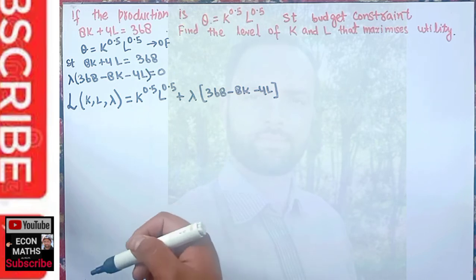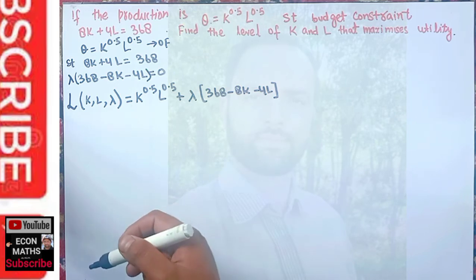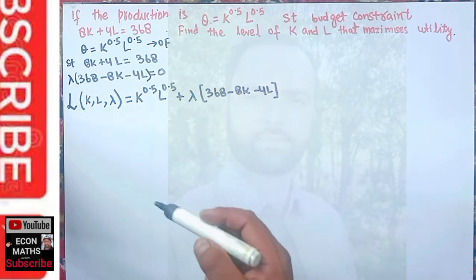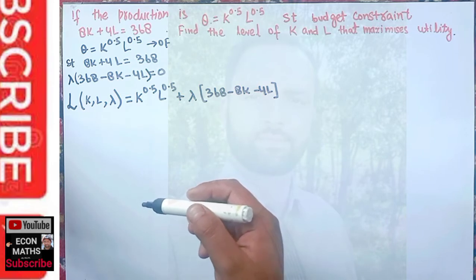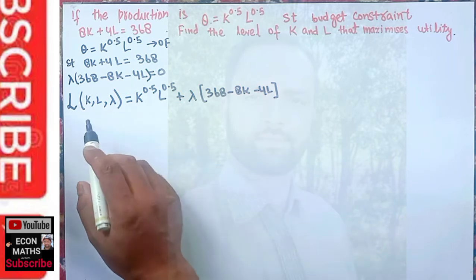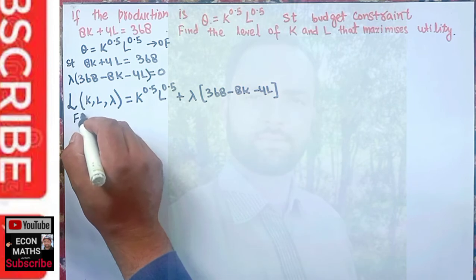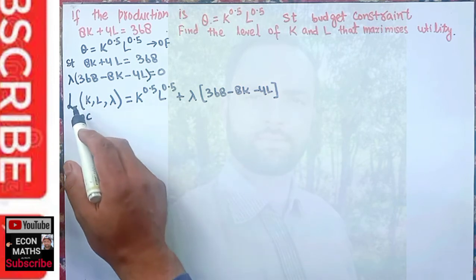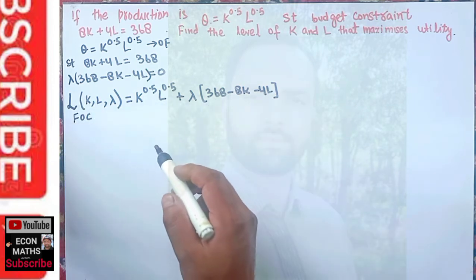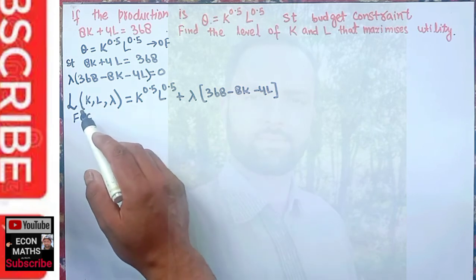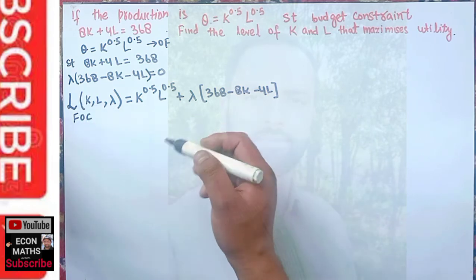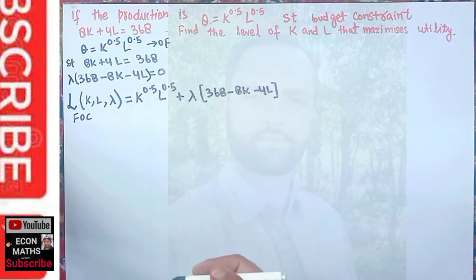Now the first order condition requires that we take the partial derivative of this Lagrange's function with respect to capital, labor, and lambda, and set them equal to 0 simultaneously and solve for capital and labor.